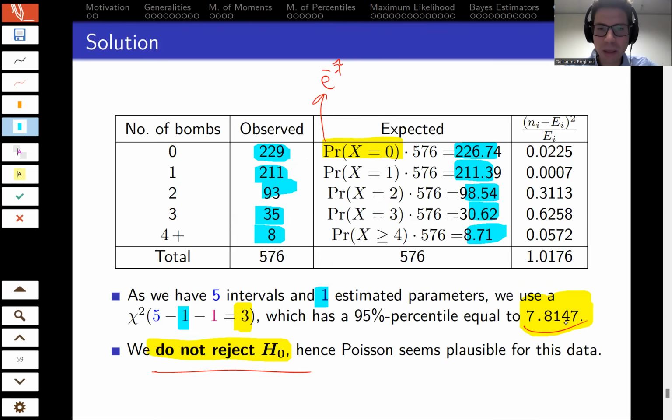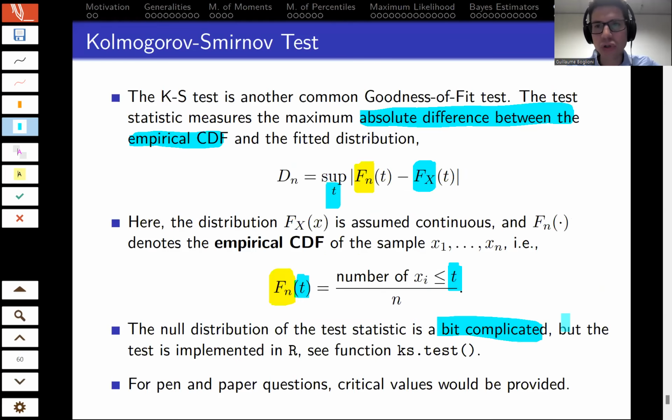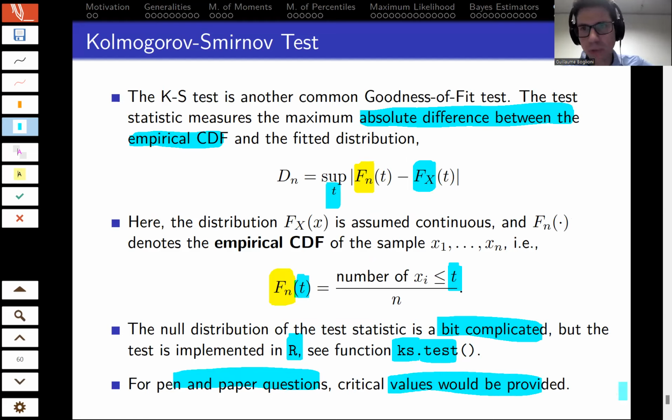Because of that, usually you rely on a package. In R, this test is implemented with the function ks.test. I'll come back to this at some point and actually show you in R how to use it. For a pen and paper question, I would give you the critical value to use.